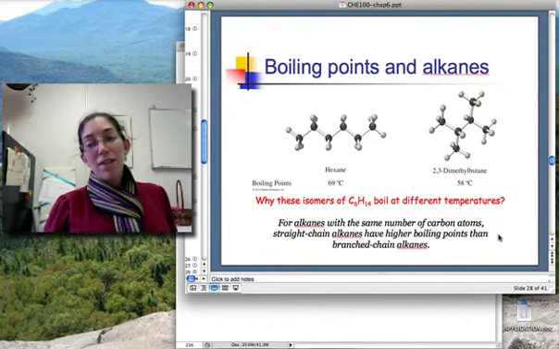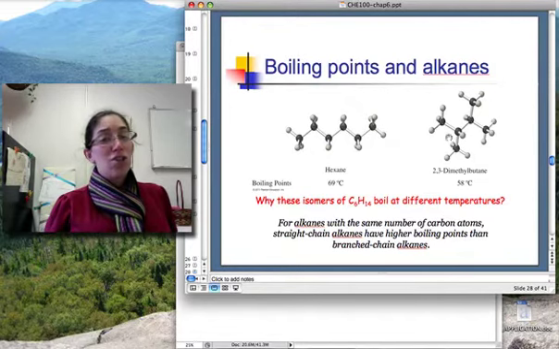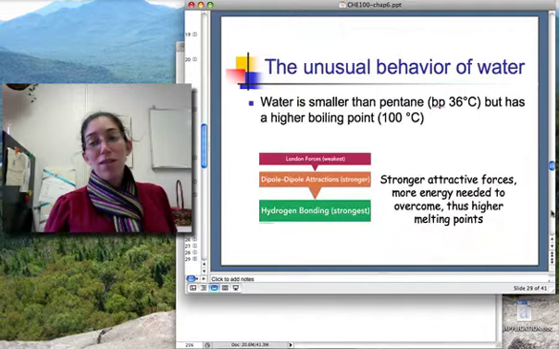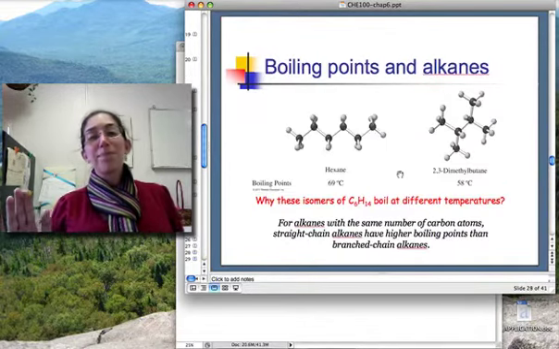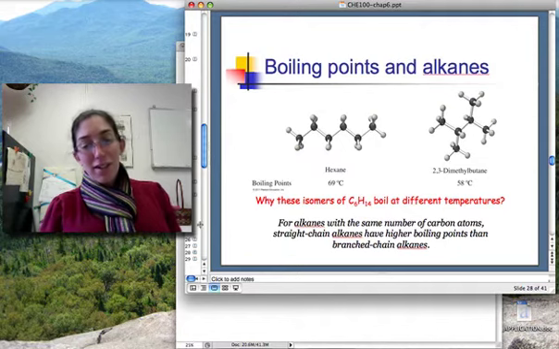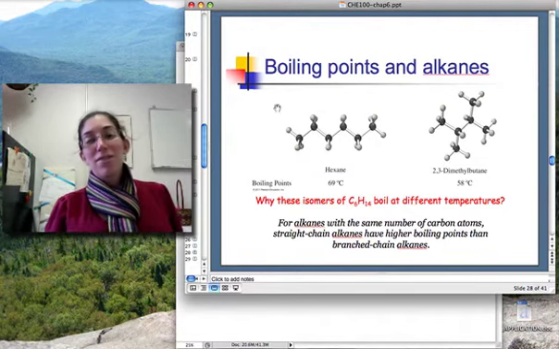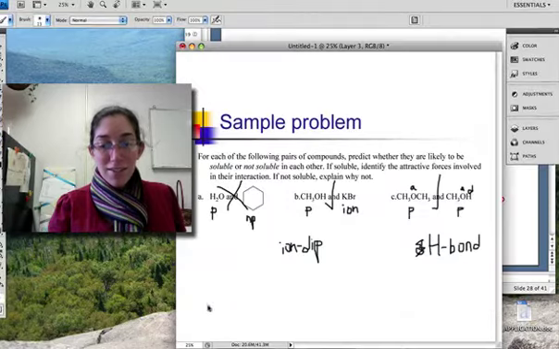The rule here is that straight chain alkanes always have a higher boiling point than branched chain alkanes. And why do you think that is? I don't have a slide on it, but essentially, think of it this way, okay? Take this hexane molecule here and draw another one in your head. Draw a whole bunch of these hexane molecules. Let's see, wait, hold on, let me see if I can do this in here.